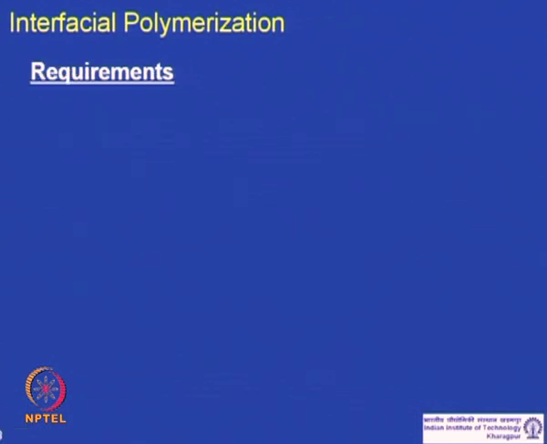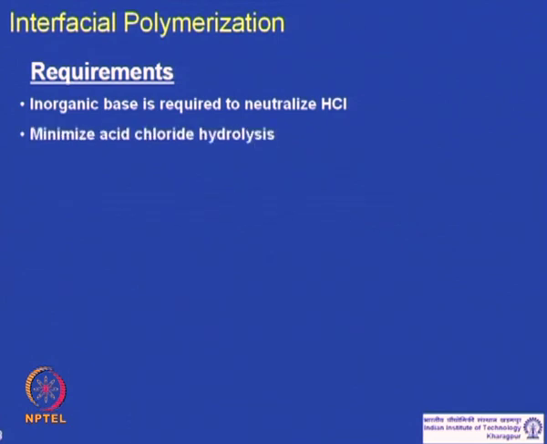Okay. So, what are the requirements for a successful interfacial polymerization? You need to have an inorganic base to neutralize the produced HCl, otherwise HCl will go back and hydrolyze the salt. In the polycarbonate example I showed you, the sodium hydroxide was present to neutralize the HCl byproduct.